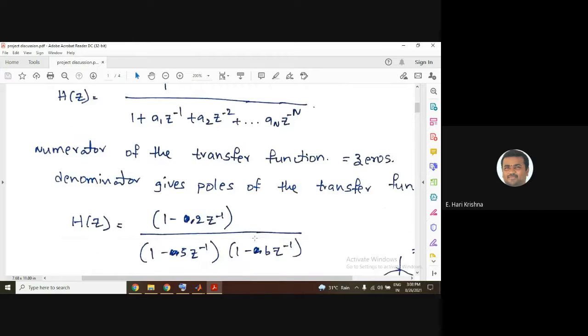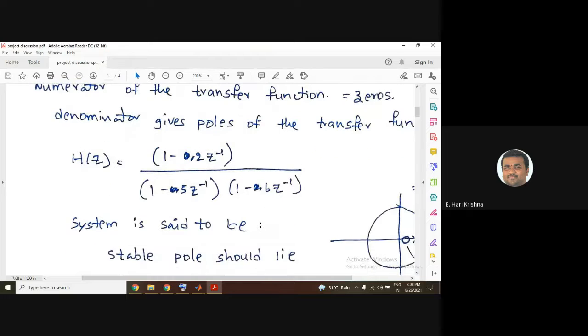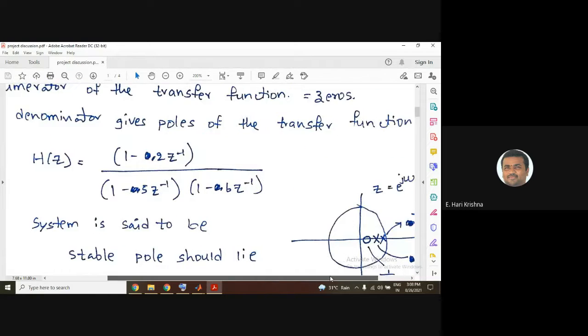So I considered one typical example here. H of z is equal to 1 minus 2 z inverse, over 1 minus 5 z inverse multiplied by 1 minus 6 z inverse. And the pole-zero plot, see here.